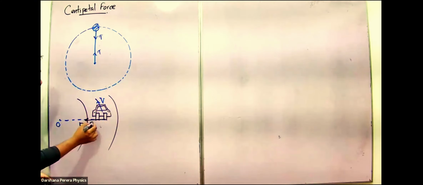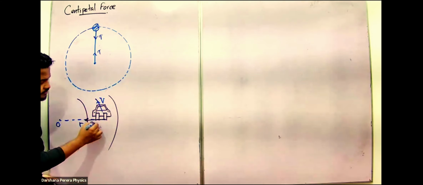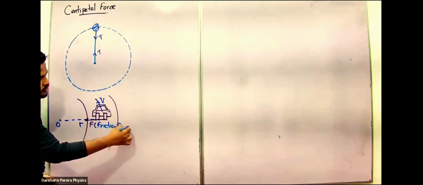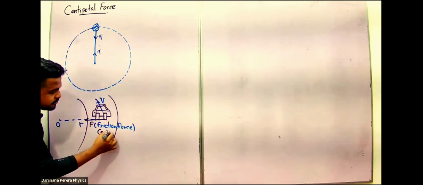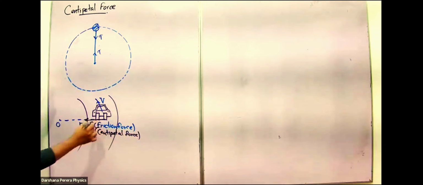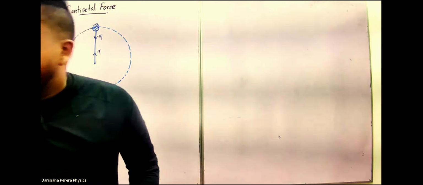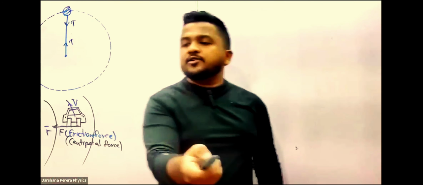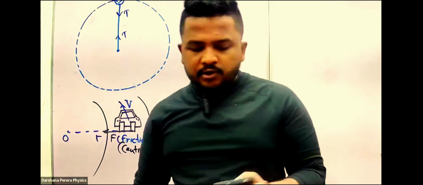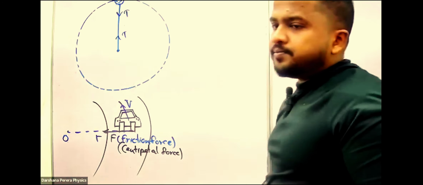The centripetal force is a frictional force, F. The centripetal force is given externally to the object. Write down. Draw this one.